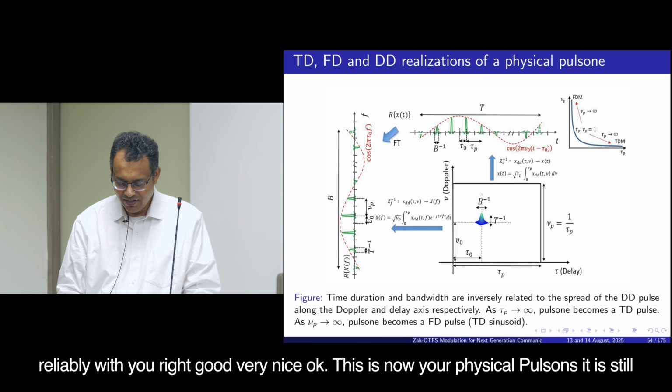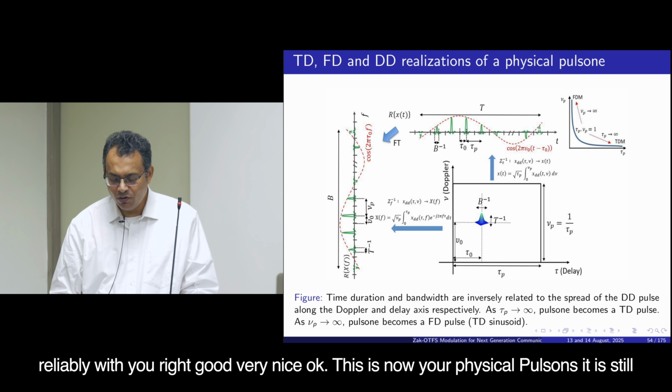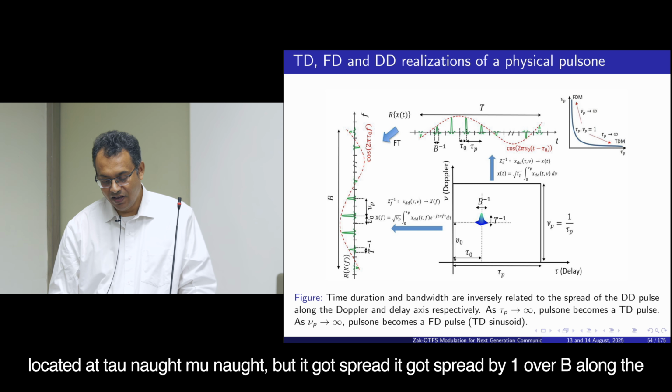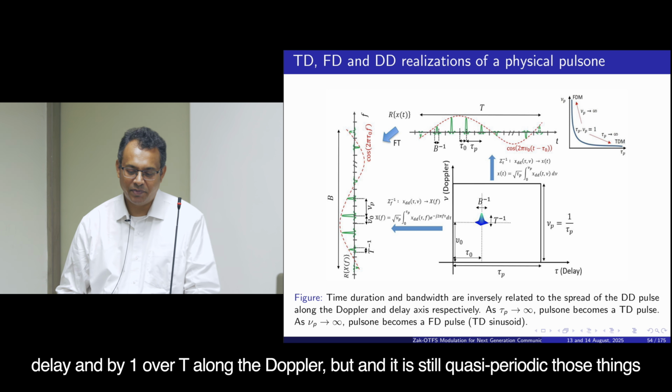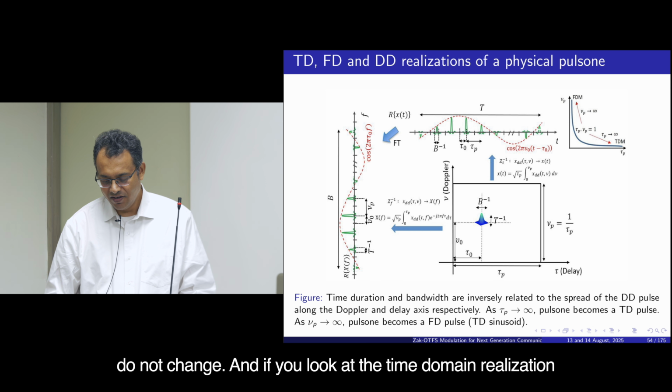Okay. This is now your physical pulse-on. It is still located at tau naught, nu naught, but it got spread. It got spread by 1 over B along the delay and by 1 over T along the Doppler, but it is still quasi-periodic. Okay. Those things do not change.